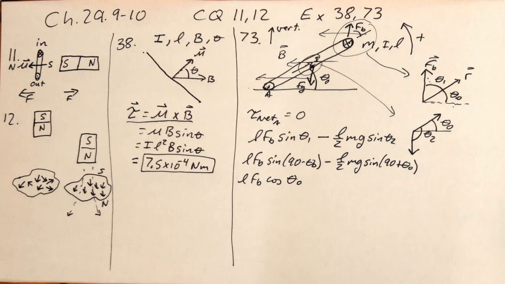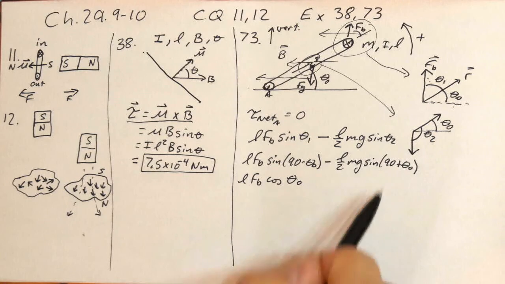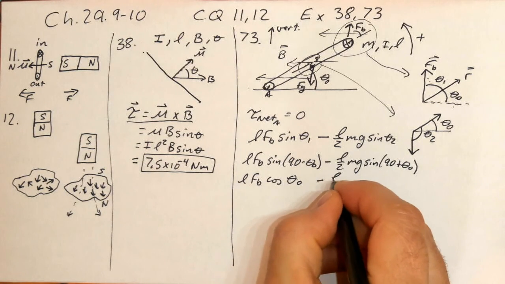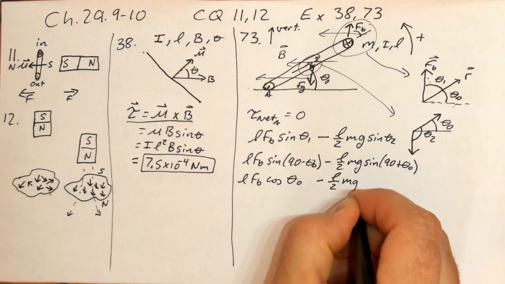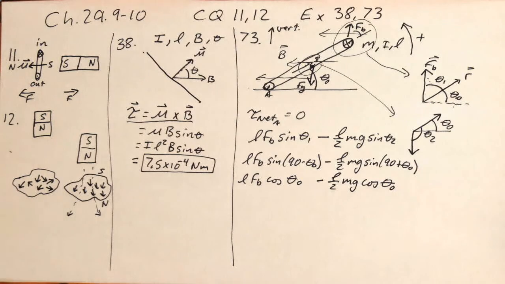Something I know about trig identities is that's also cosine of theta, so this is minus L over 2 mg cosine of theta 0.